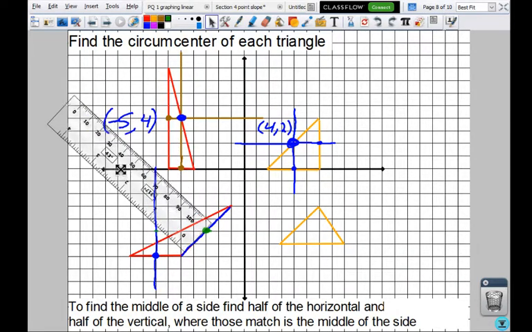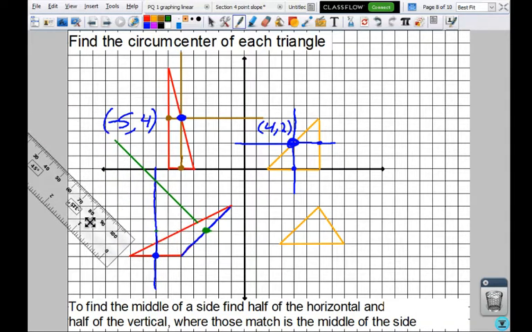So I'm going to try to match up my ruler as much as I can on this side. There we go. That looks pretty good. And then, just like before, I'm going to put the corner right on my dot. There you go. And then I'm going to make my line. My ruler's a little weird, so I have to finish off this last piece.